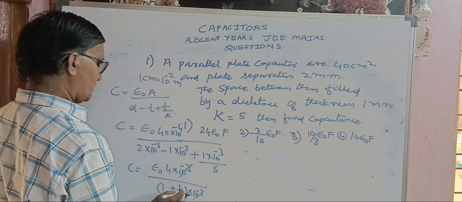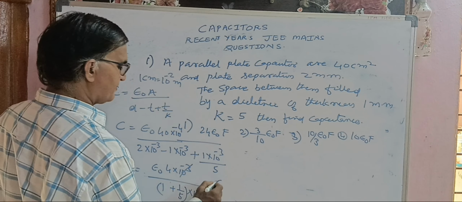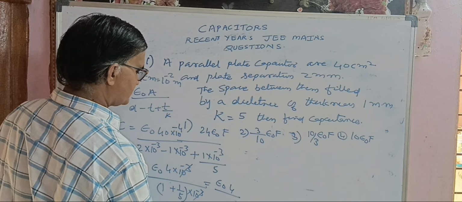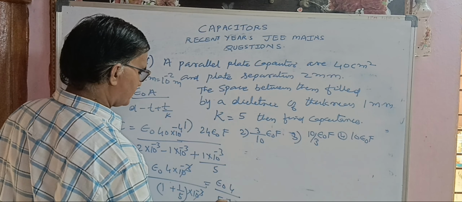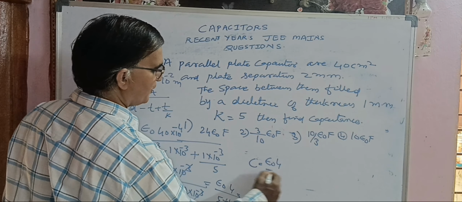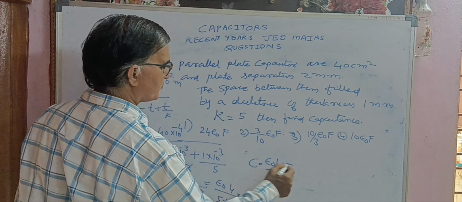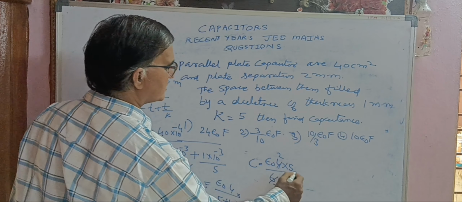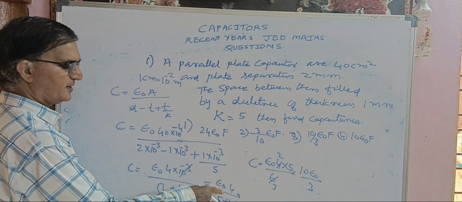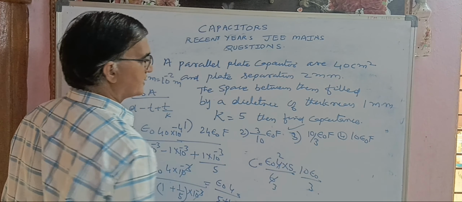So here, if you take the LCM, epsilon naught 4 by 5 plus 1 by 5, that is 6 by 5. So again C is equal to epsilon naught 4 into 5 by 6. 2 2s are 2 3s are... So 10 epsilon naught by 3. 10 epsilon naught by 3 is the option. So the third option is correct.